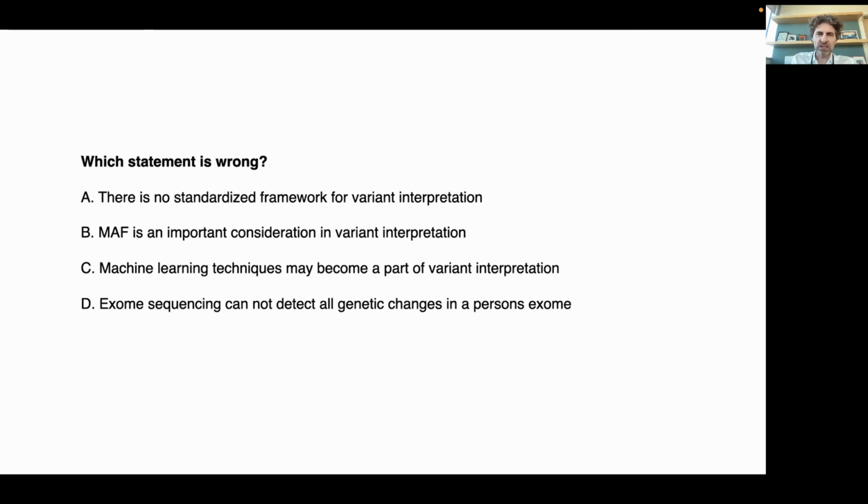And now D might be somewhat misleading here. What I really meant is, each single exome certainly might have places that it doesn't cover well, for instance, and that is true. Not all the single exons are sometimes sufficiently covered, or there might be exons we don't know about.